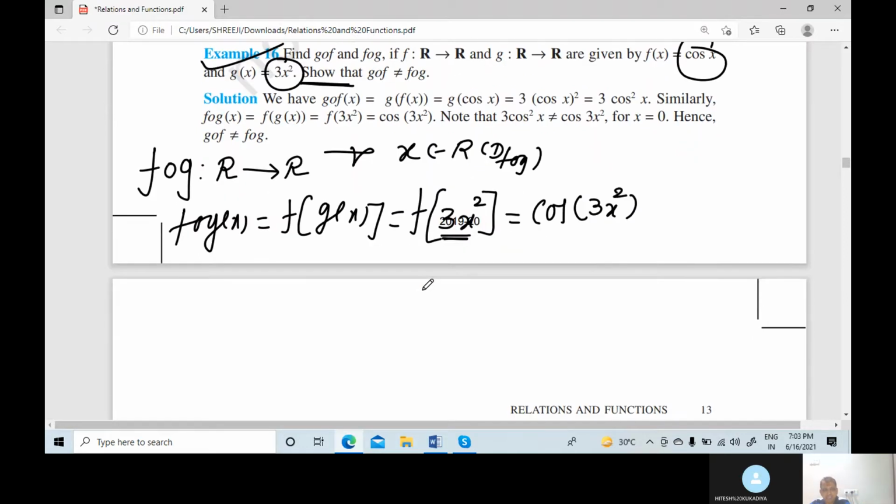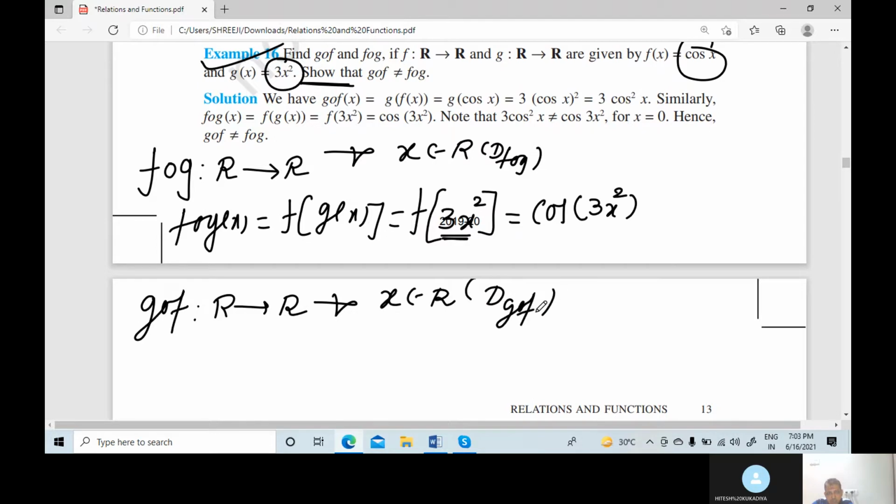Now exactly the same calculation, we discuss GOF. Again GOF is from R to R. Every x belongs to R, the domain of GOF. Now write here GOF(x) equal to G of F(x).